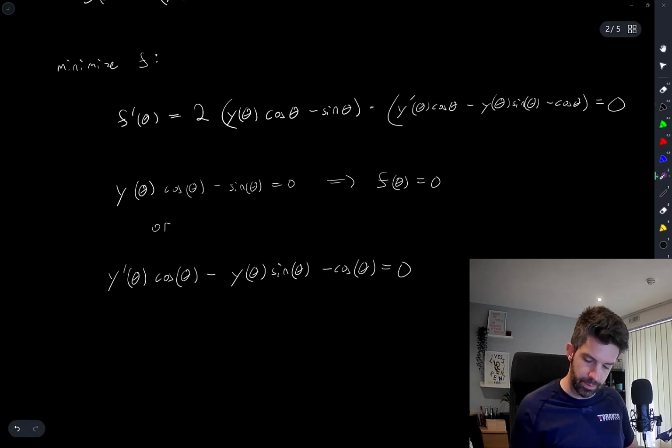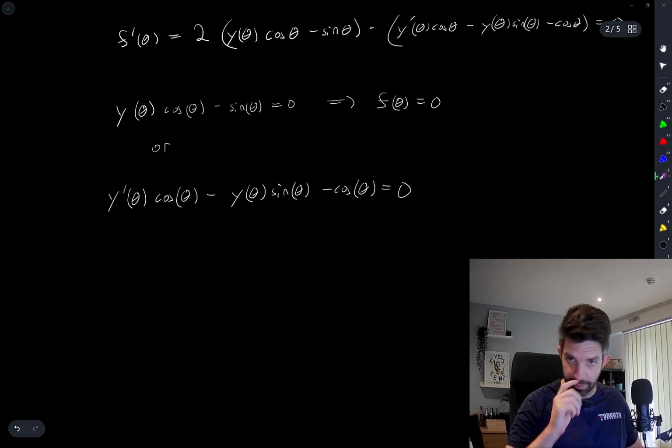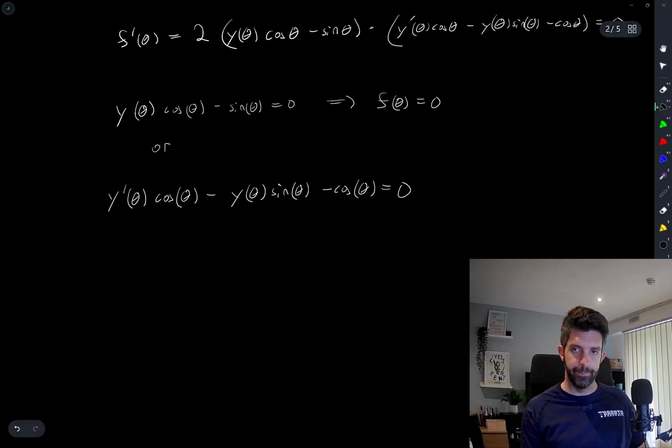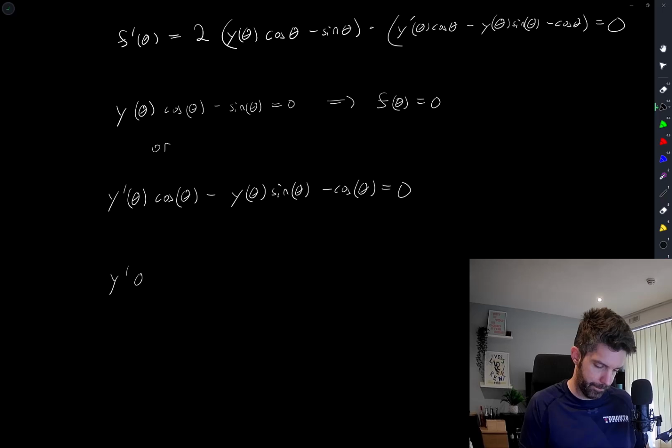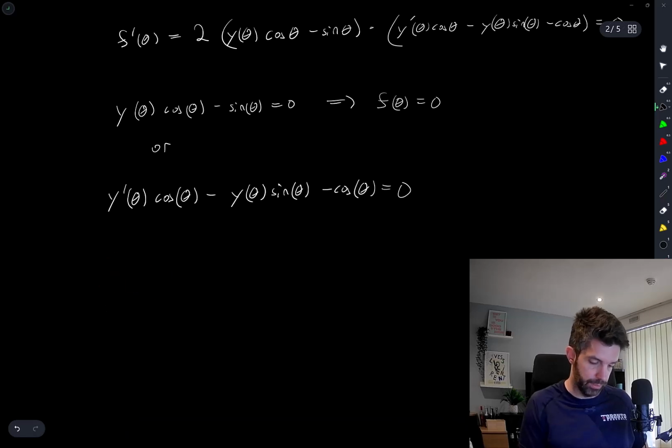So the part I really don't want to go through with here is I have to take a derivative now of this function y. Maybe it won't be that bad. Okay, let's write out what the function y is exactly.